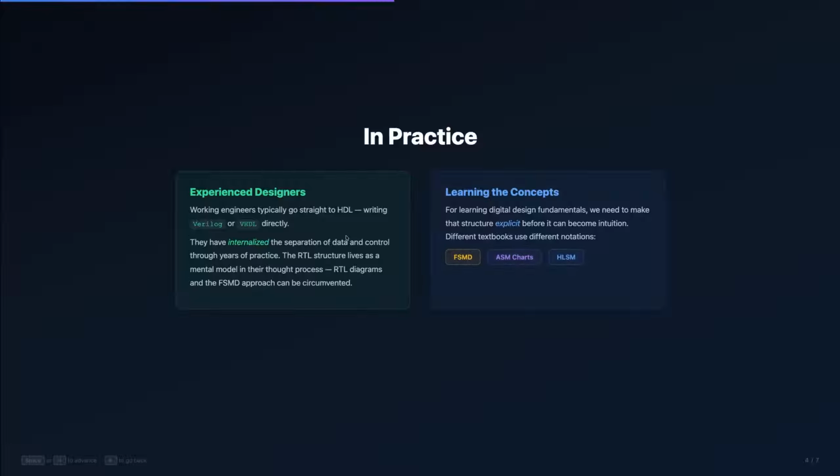And because it's not an industry standard, because people can jump straight into HDL, different textbooks have different notations and terminology for how this process would go. There's a few textbooks out there that talk about finite state machines, FSM, and they put a D at the end for data path. There's some other textbooks that use this idea called ASM charts, algorithmic state machine charts, where they look a lot like flowchart diagrams, and the information about how registers have data transferred in them show up within those blocks of the flowchart.